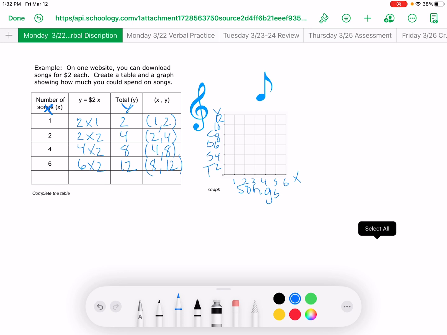I'll give you all a second to write that down. I'll title it Music. Over 1 and up 2. Over 2 and up 4. Over 4 and up 8. Over 5 and up 10. Over 6 and up 12. And remember, this is multiplicative. It went through the origin.